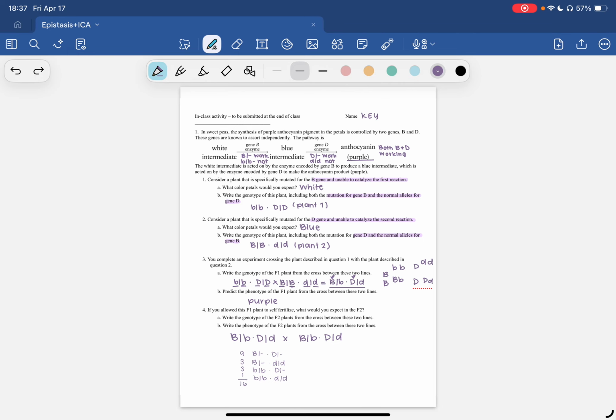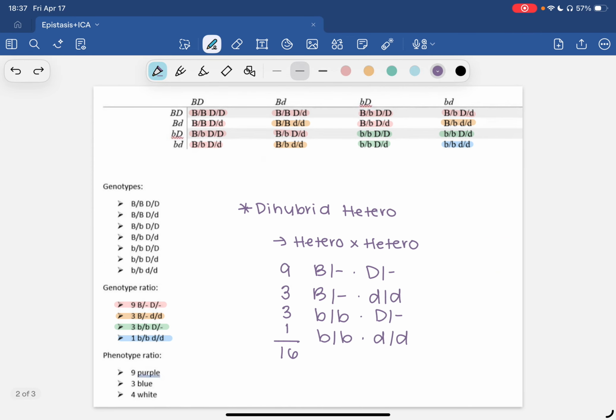Okay, so then when we're looking at colors, you'll have 9 purple, because you're able to make it all the way through the pathway because you have one good B and one good D enzyme. And then you have 3 individuals that have at least one good copy of B. However, they don't have a good copy of D. So if you look at your pathway, you have to jump back a space.